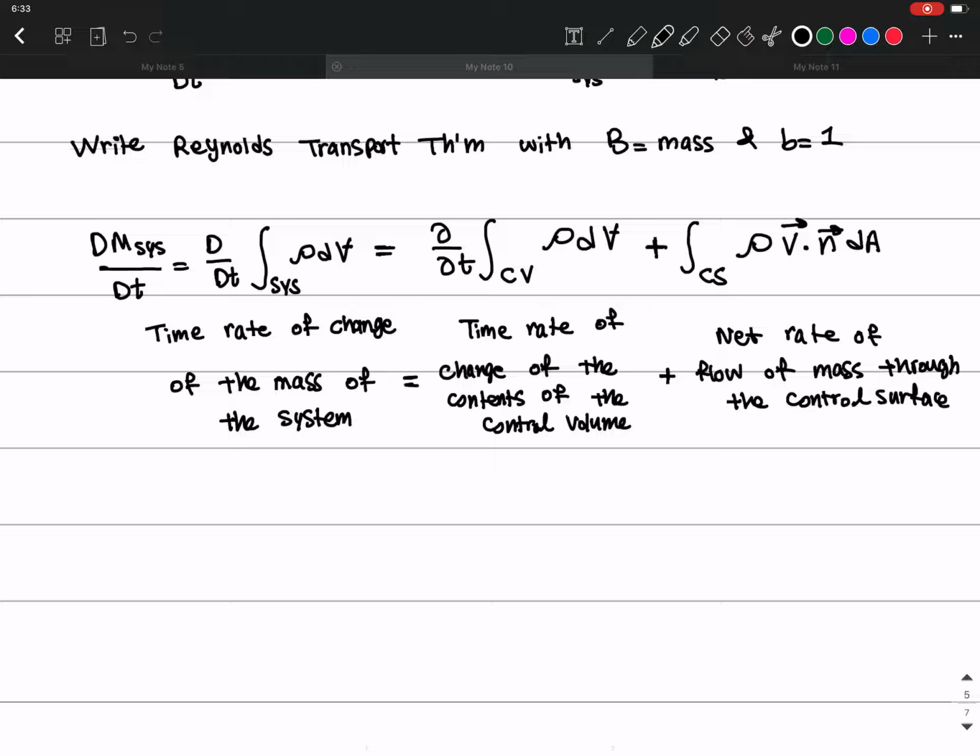I want to plot a control volume in space. Let me plot this.